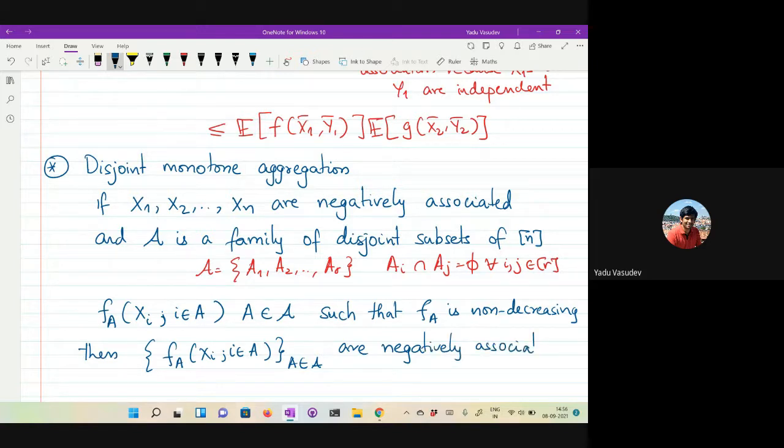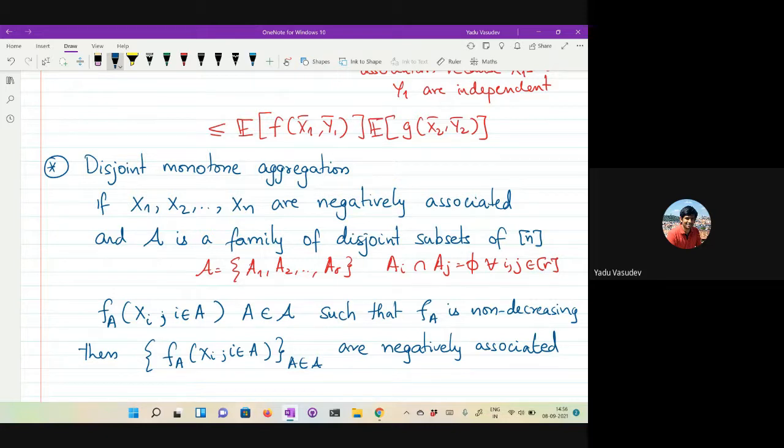Notice that these are also random variables. If you have a collection of random variables and you take a function, then the function of the random variables is another random variable. What you're doing is taking disjoint subsets, and then for them you're defining these functions, and you get a new set of random variables, and it says that these are also negatively associated.